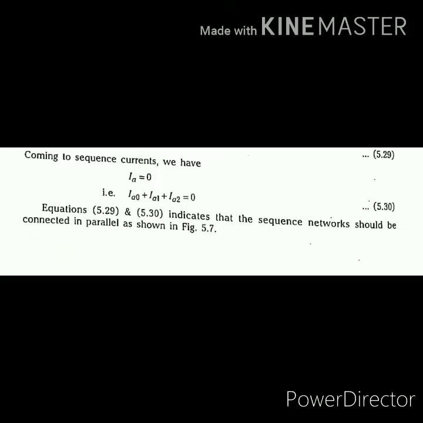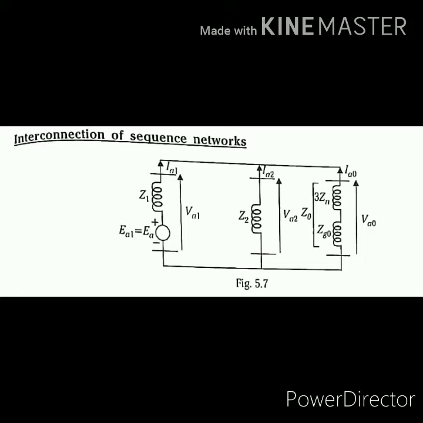We have seen the line to ground fault, right? In that there was a vice versa situation where we had to connect everything in series, but here we have to connect in parallel. So look at the interconnections of the sequence networks.